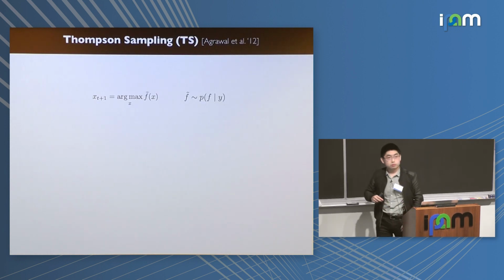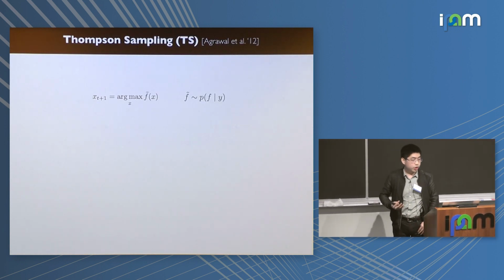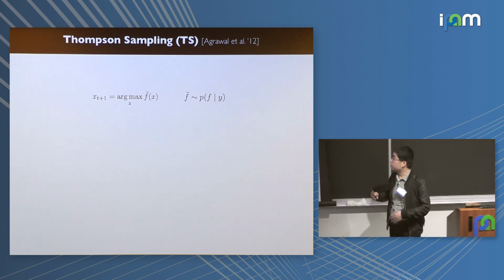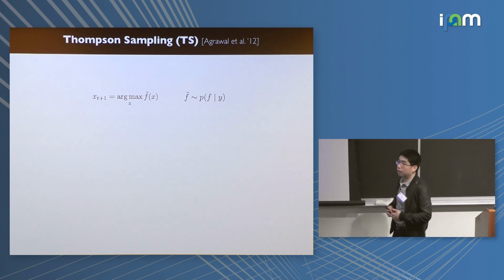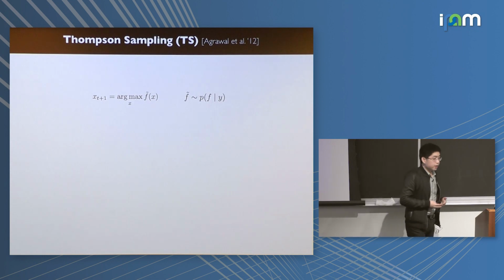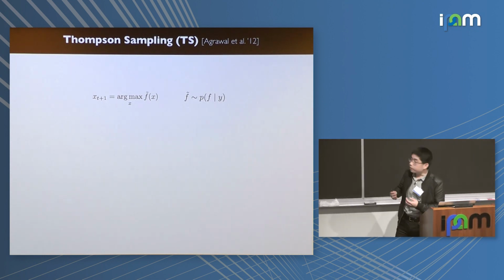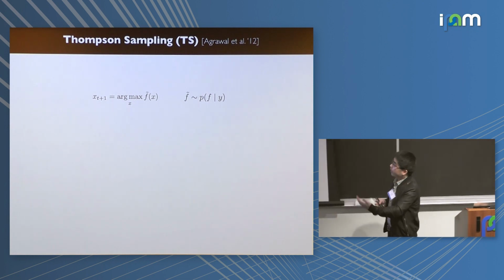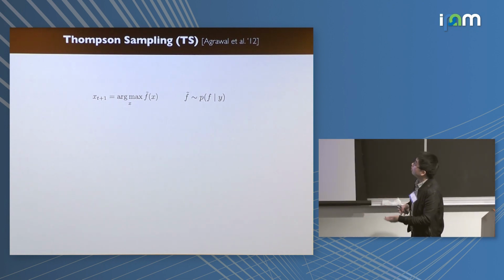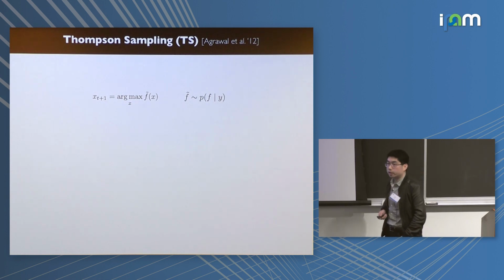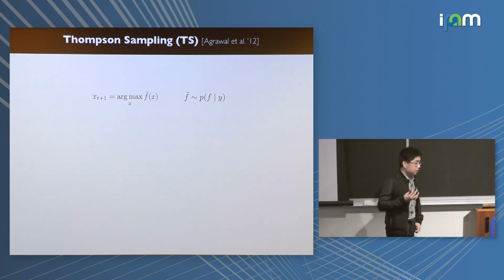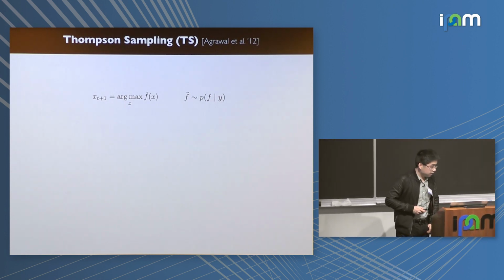Existing approaches in the literature trying to address this problem in a principled manner include MCMC methods. In this case, I'm introducing Thompson sampling, whose original algorithm actually arose a couple of decades ago, but the analysis of Thompson sampling for Bayesian experimental design actually showed up within the last decade.